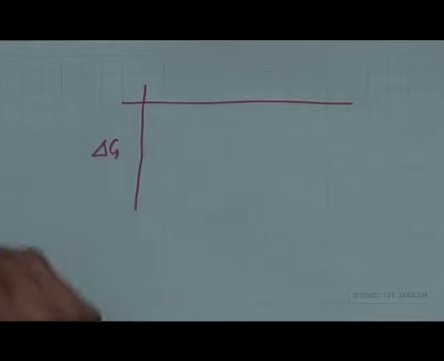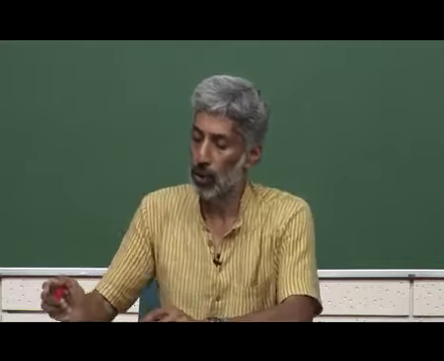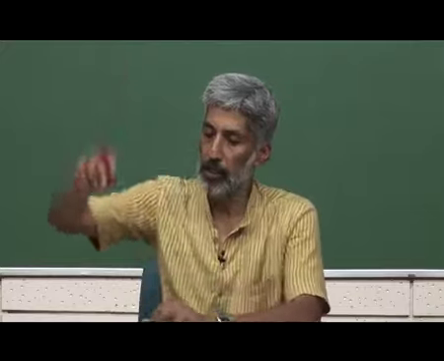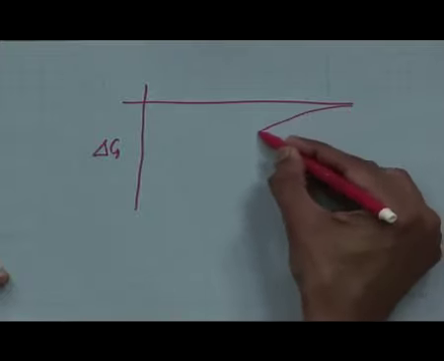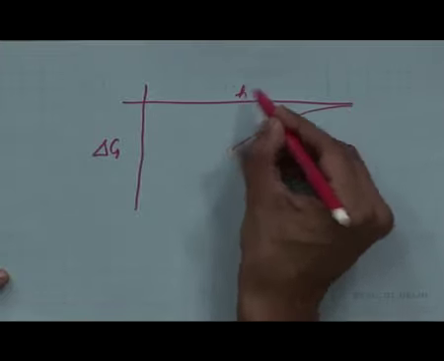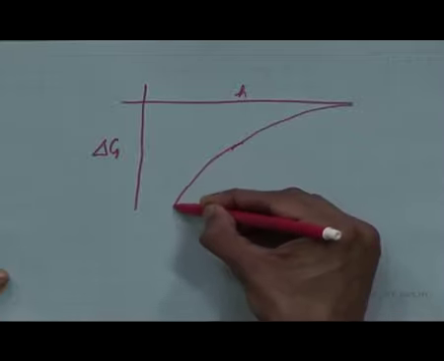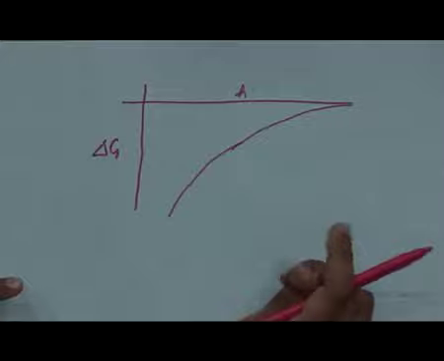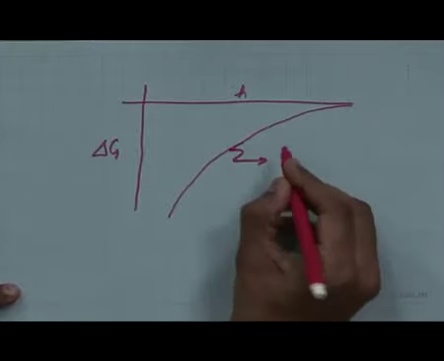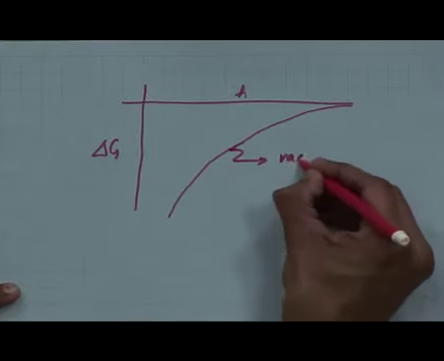So, if I plotted delta G, the work that is being done in creating these two surfaces, and imagine that when the two particles are at infinity, the energy is 0. Then as H decreases, the energy would drop because the interparticle attractive force occurs, and this is what I would see in vacuum.